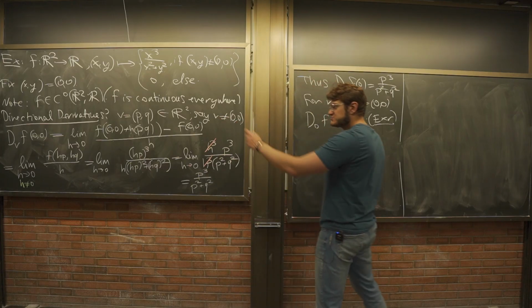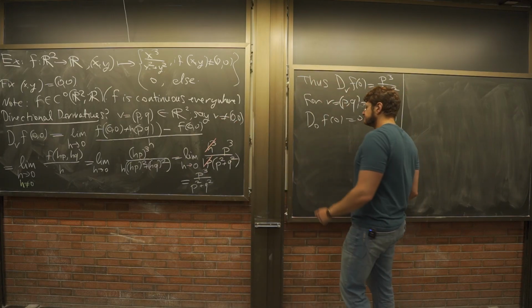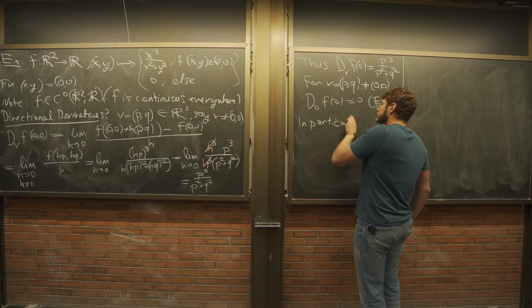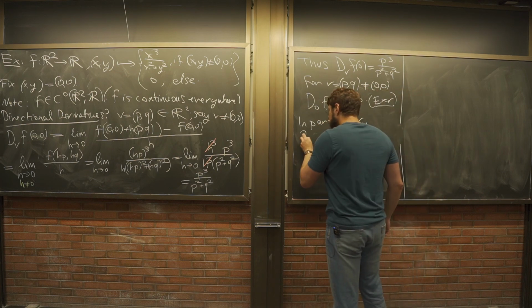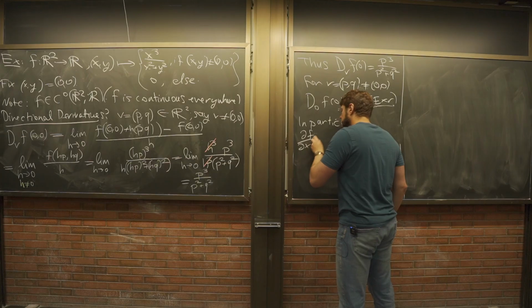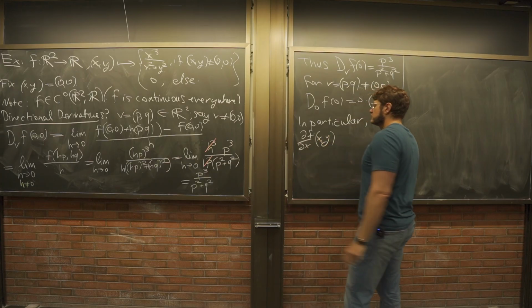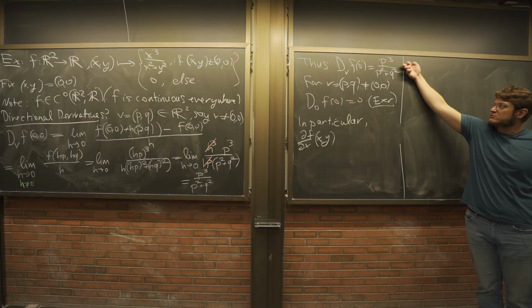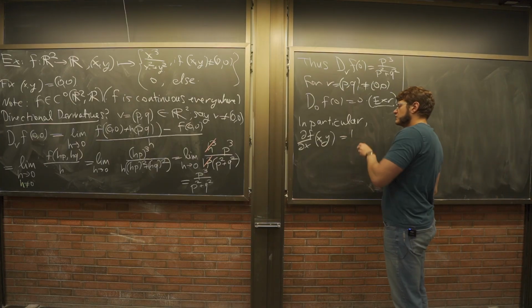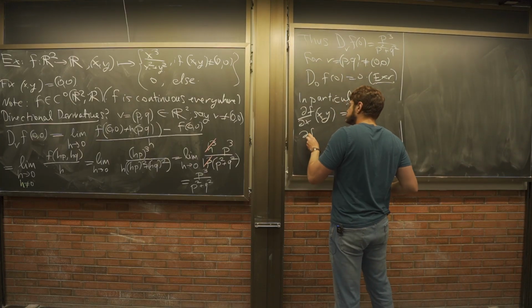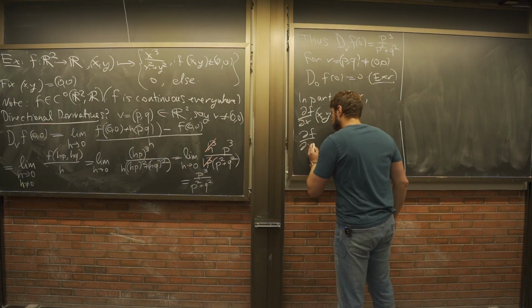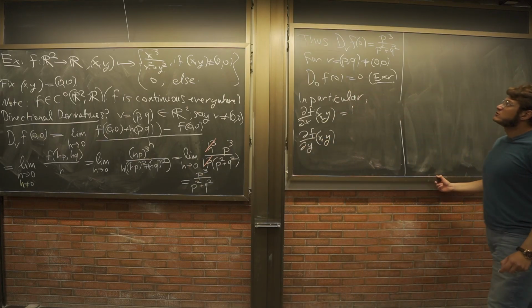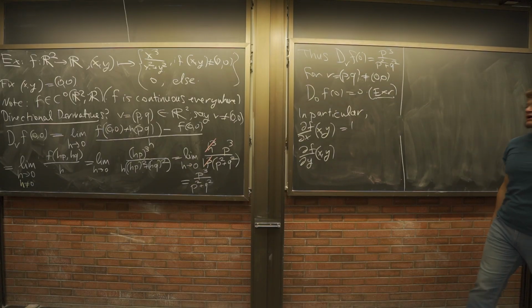So we can just plug in v equals 1, 0 to get the x partial. In this expression, p now is 1, q is 0, so this is just 1. Y partial: now p is 0, q is 1, so the y partial is 0.